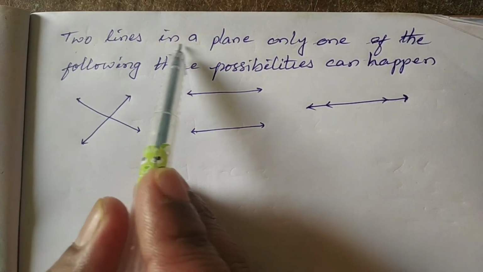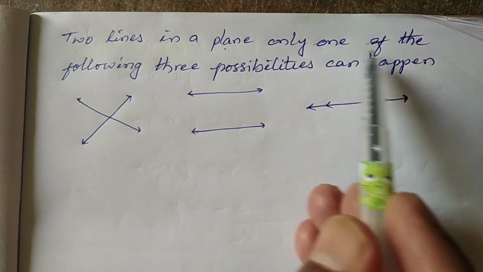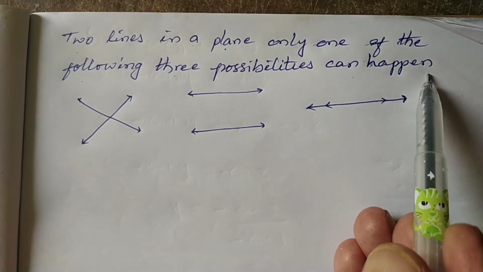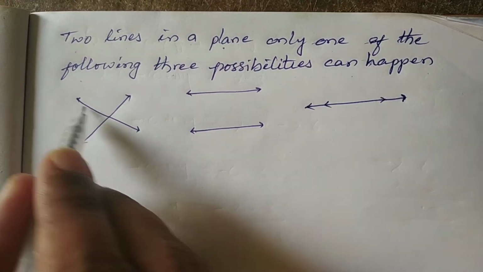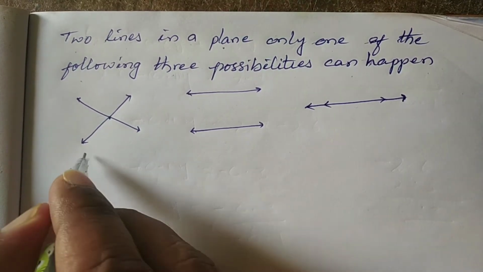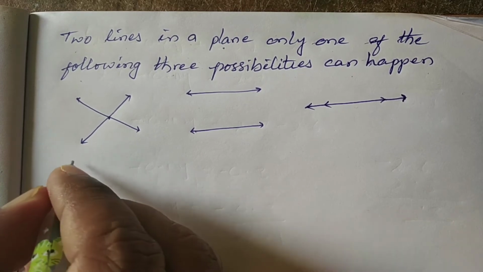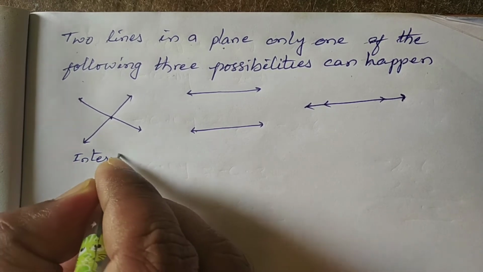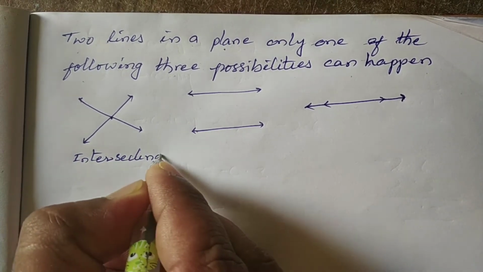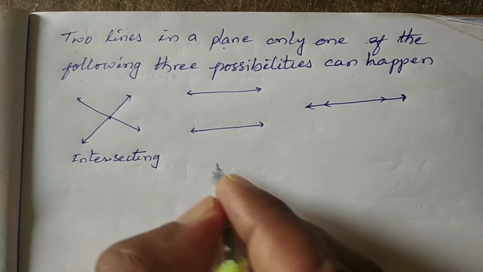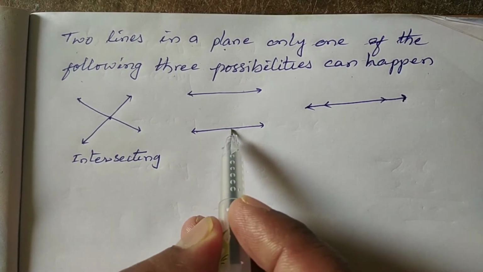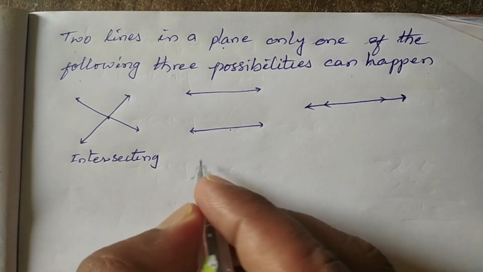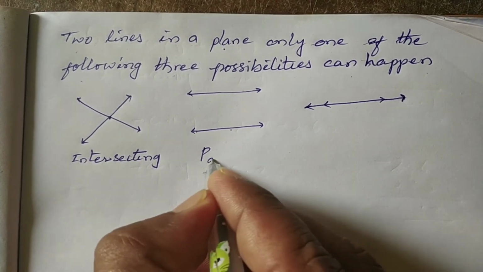Two lines in a plane, only one of the following three possibilities can happen. Okay, here two lines have one common point, therefore these lines are called intersecting lines. And there is no common point between these two lines, therefore these lines are called parallel lines.